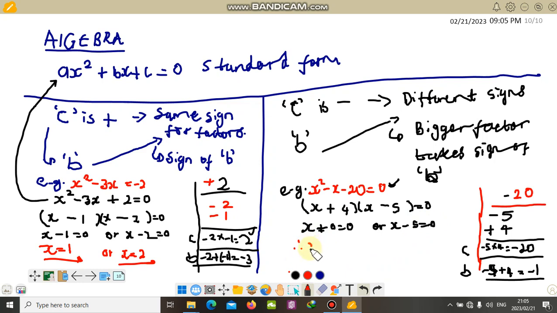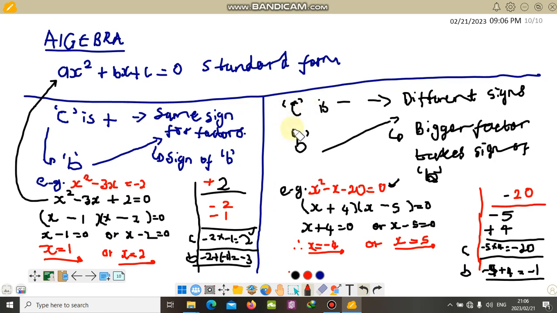Therefore, from here, x equals to... made a mistake here, guys. This is x plus 4. So when you take 4 to the other side, it becomes negative. So x equals -4, or x equals, when you take -5 to the other side, it becomes positive. x equals 5. Just like that, guys.